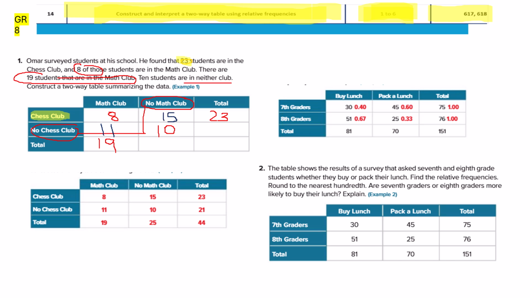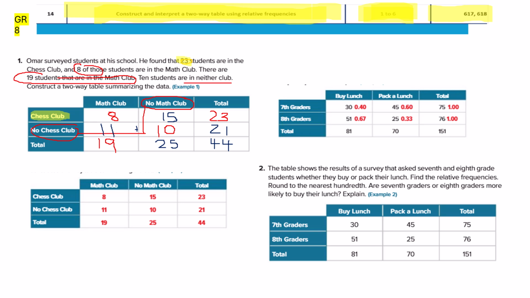And then if I add these two, 11 plus 10 will give me 21. Then I can add these two up. It would give me 44. And the last one would be 25. So if you follow step by step, you would be able to complete this table quite easily.